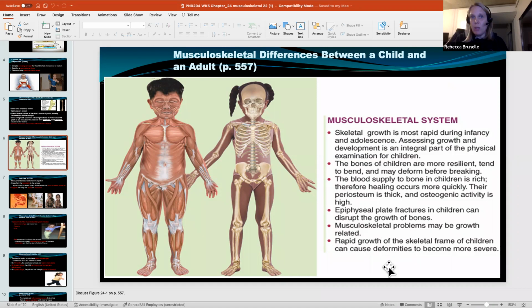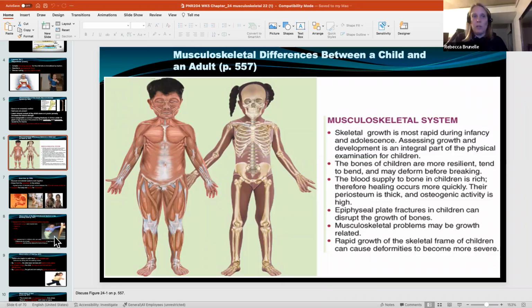And if children have any sort of a deformity, you might see that when they're going through some sort of rapid skeletal growth. So just being aware that their bones are different, they tend to heal faster, and they tend to break less easily. And this issue with a fracture in that growth plate is concerning, because it can affect the ability of the bone to grow over time.